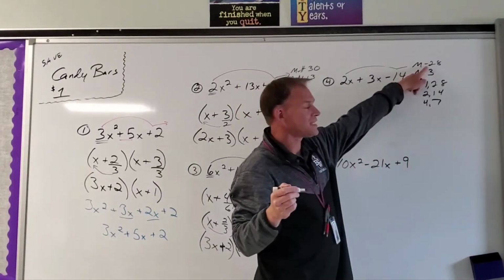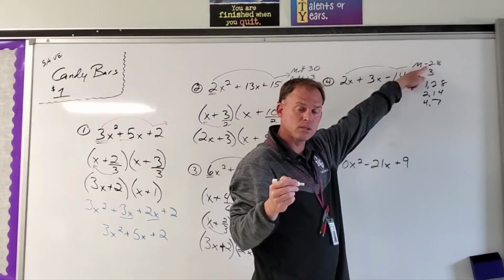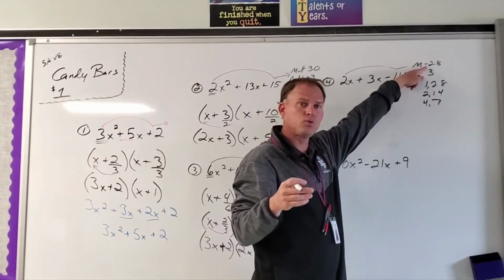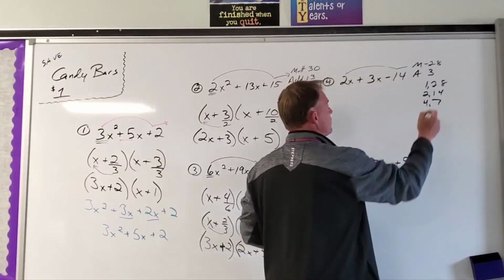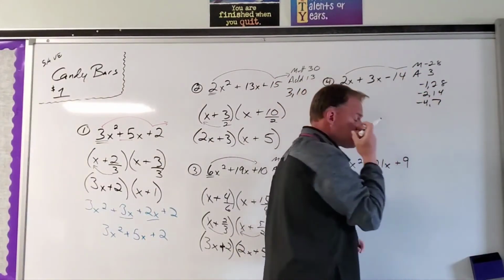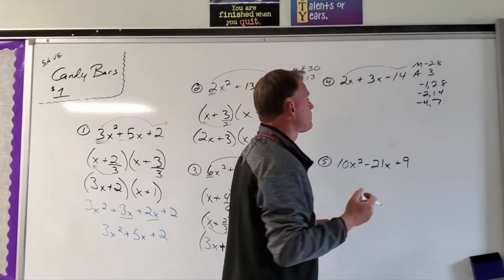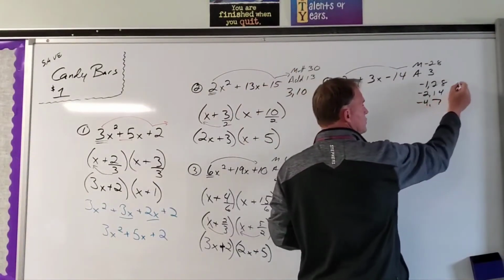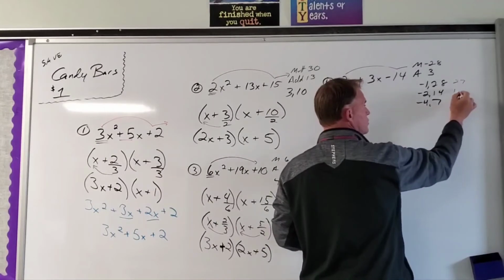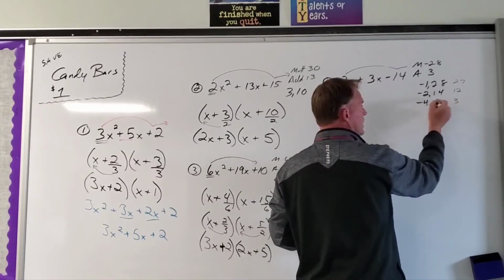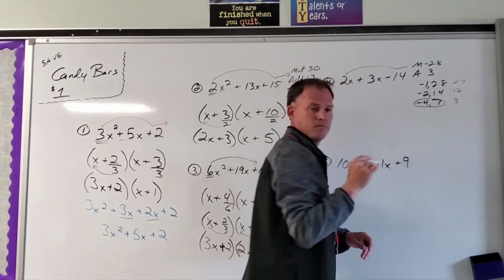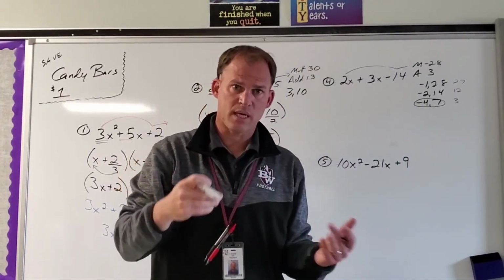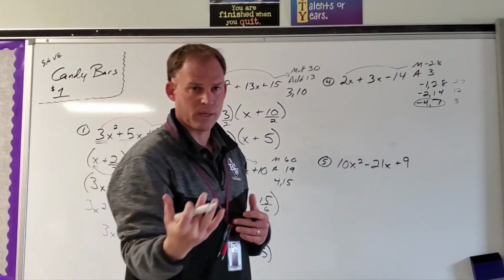If it multiplies to negative 28, then I know one of those two numbers has to be negative. Could be the small one, could be the big one. What does this add up to? 27, 12, 3. There's my combination. Multiplies to negative 28, adds to positive 3.